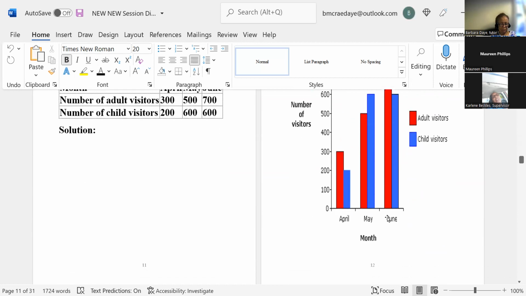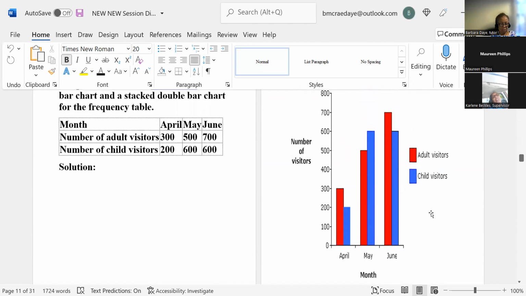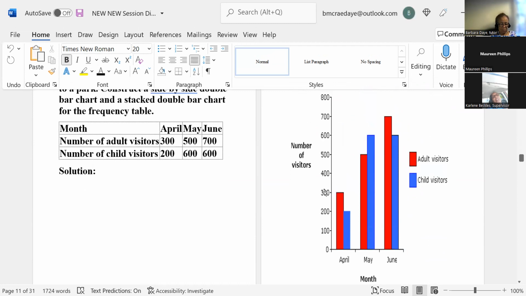You still read them off the same. Like this would be 300, that would be 200, right? This would be about 500. This one is about 600, okay? And this one a little under 700, and this one is 600, same as this one, okay?